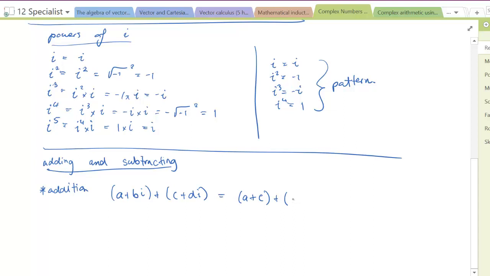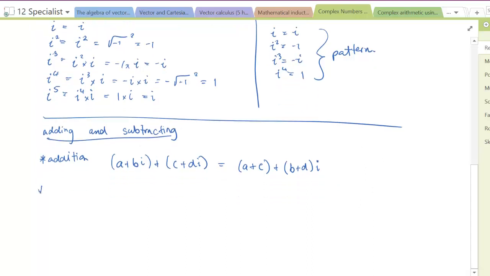Then the imaginary component, we have b plus d i. Okay, so the whole process is that we add real to real and imaginary to imaginary, and we keep the two components separate.